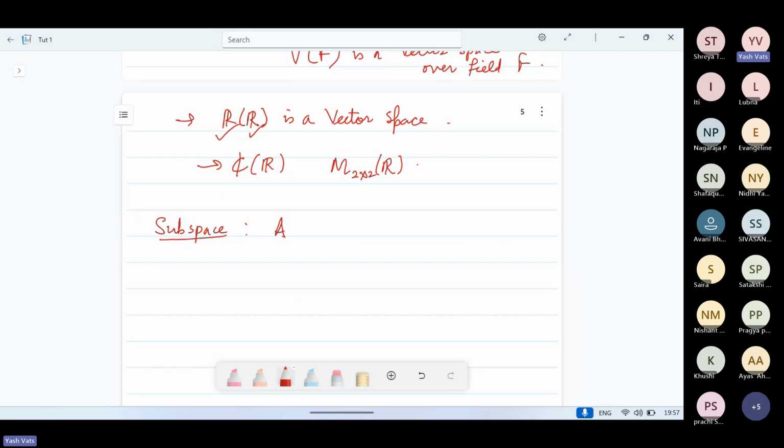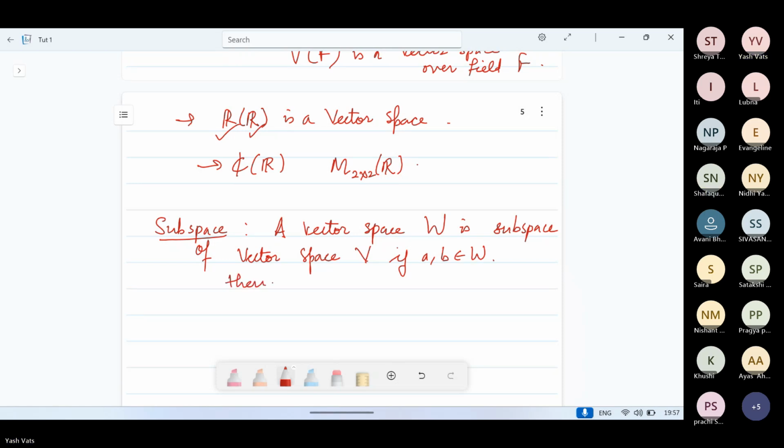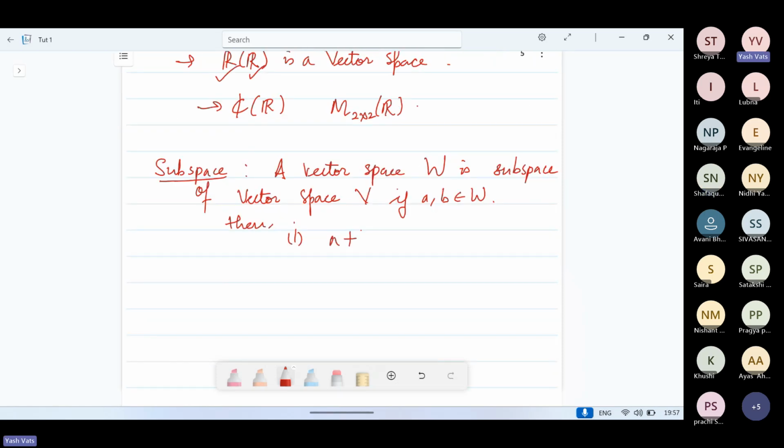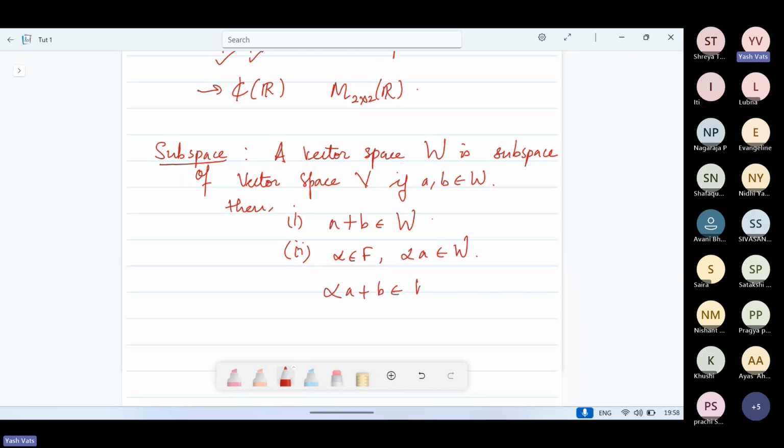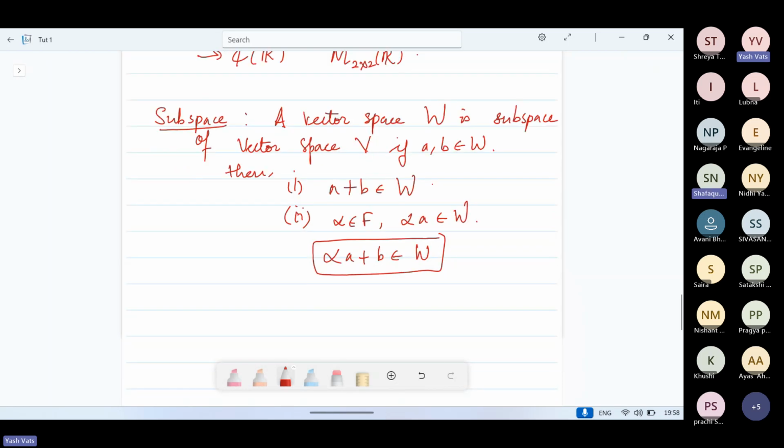A vector space W is a subspace of vector space V if, when A, B belong to W, first, A plus B should be in W. Second, if I take alpha from the field F, then alpha A should be in W. So ultimately, alpha A plus B should be in W. That is the combined property for a subspace W.